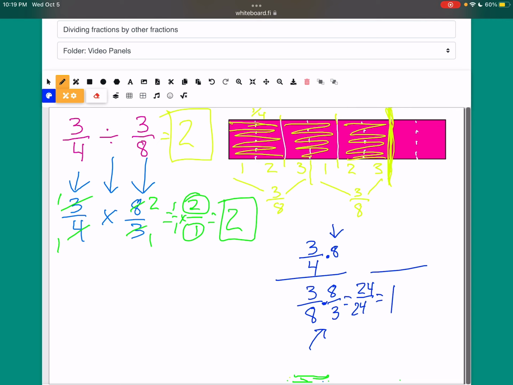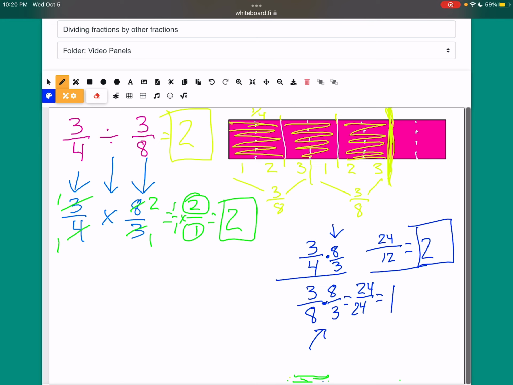So we're multiplying the top by 8 over 3, just like we did to the bottom. And if we multiply across, we get 24. This is without simplification, 12ths. And 12 goes into 24 twice. So our answer is 2 over 1, but it's 2. All right. Yeah, that worked out great.